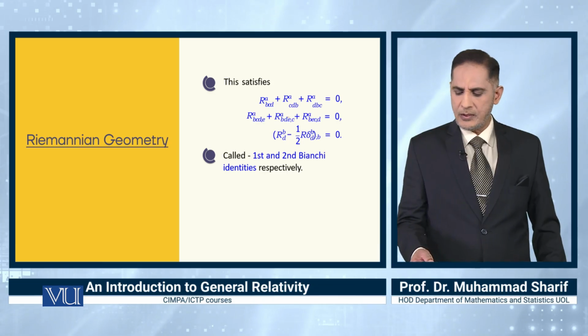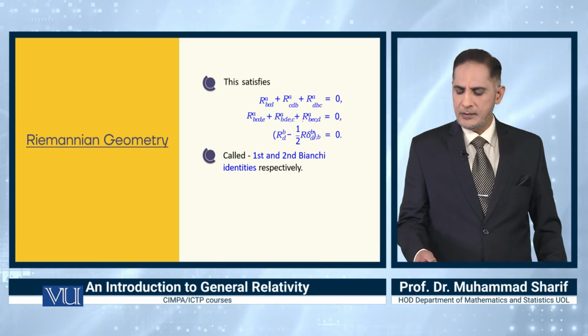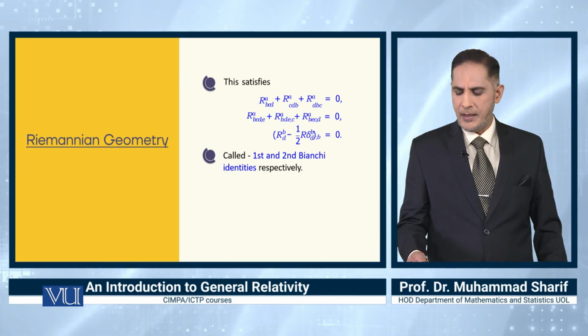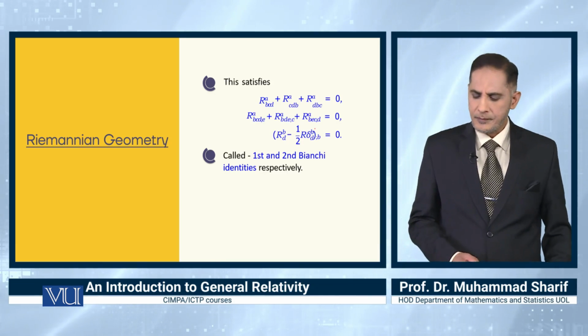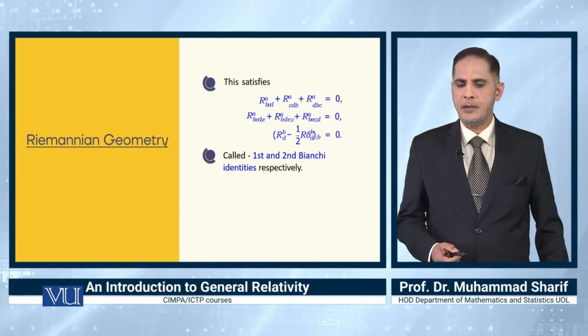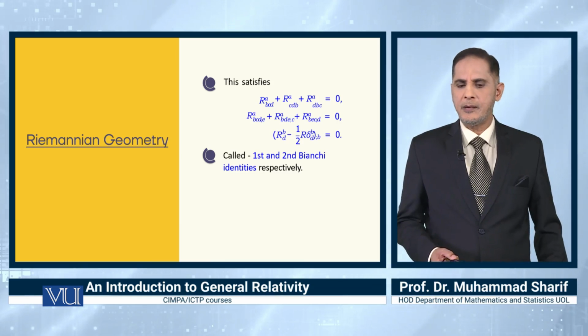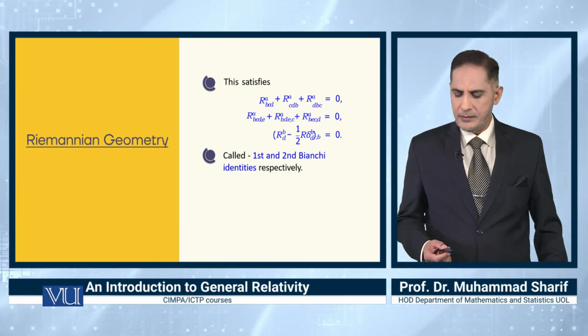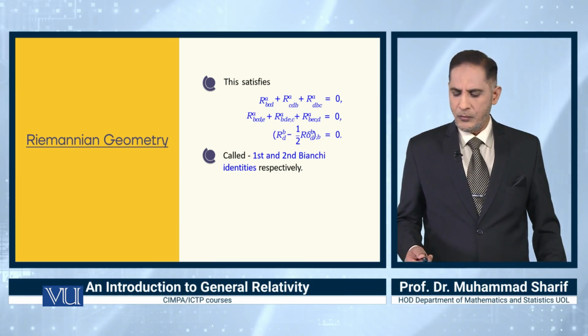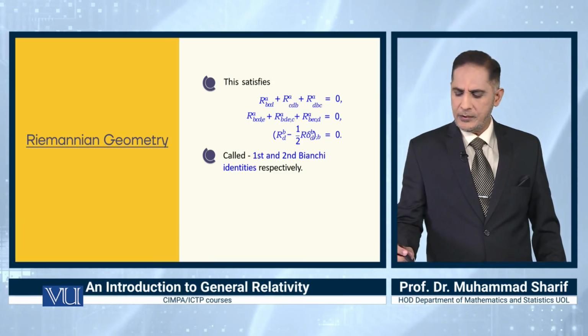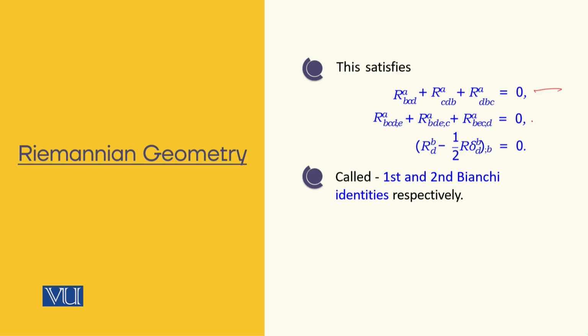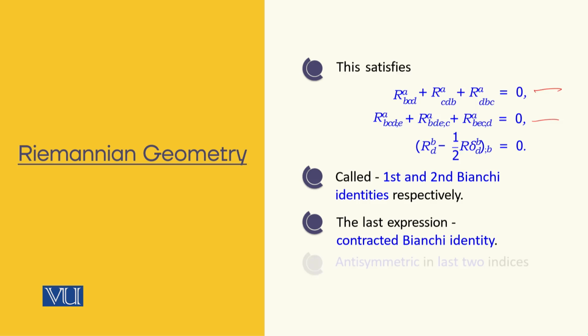Similarly, the second expression is obtained through the covariant derivative, and the third is obtained by contracting the index B. These identities were derived by Bianchi. So, from his name, these are called the first and second Bianchi identity. This is first, and this is second Bianchi identity. And the third one is called the contracted Bianchi identity, because we have a contraction of the index B here.